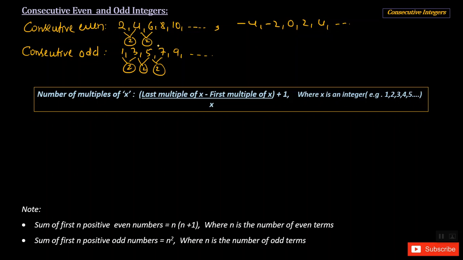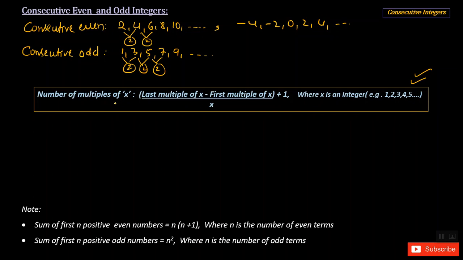Now, this is the most universal rule I can say to calculate the number of terms in the given range, whether they are consecutive even, consecutive odd, or the terms which are multiple of any other numbers, maybe the multiple of 5, multiple of 7, multiple of 12, whatever. This is the most universal rule I can use to find the number of terms between, or the number of terms including the first and the last term of the sequence, right?